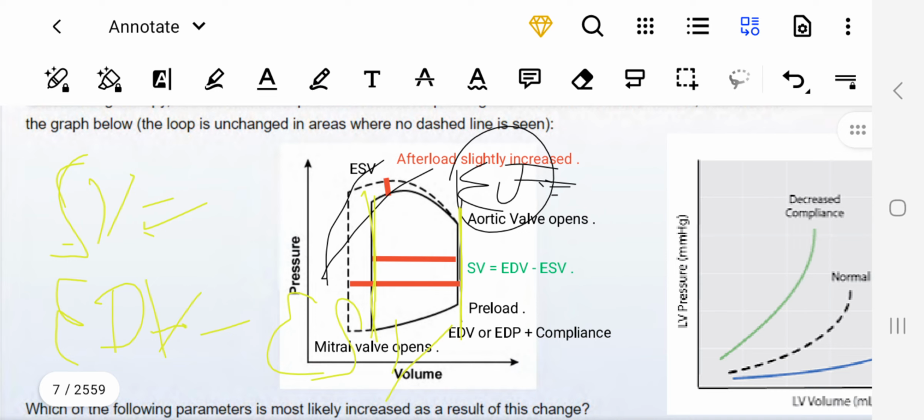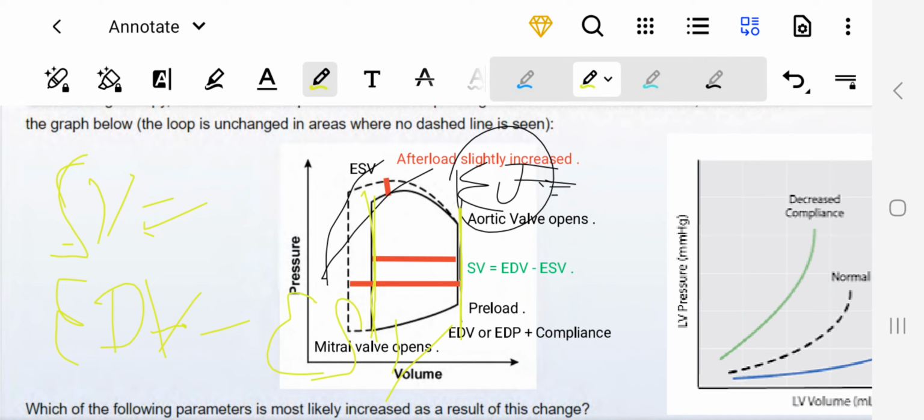Because in this case the difference has increased, the end systolic volume has decreased more, due to which the stroke volume is increased, because stroke volume is the difference between these two.